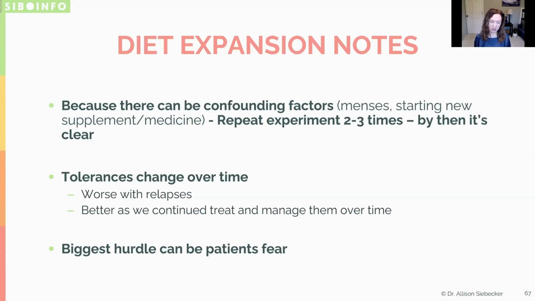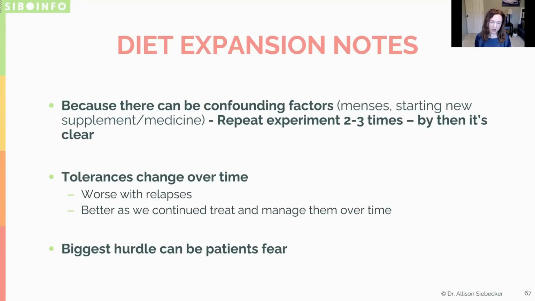And also just note that tolerances change over time. So they're going to be worse if they have a relapse, right? And they're going to be better. Their diet can expand better when we treat and manage them over time. And I find the biggest hurdle with diet expansion is often the patient's fear. And I think with that, they usually just need to gain some confidence over some time to have their symptoms be gone as we've worked to reduce their symptoms.